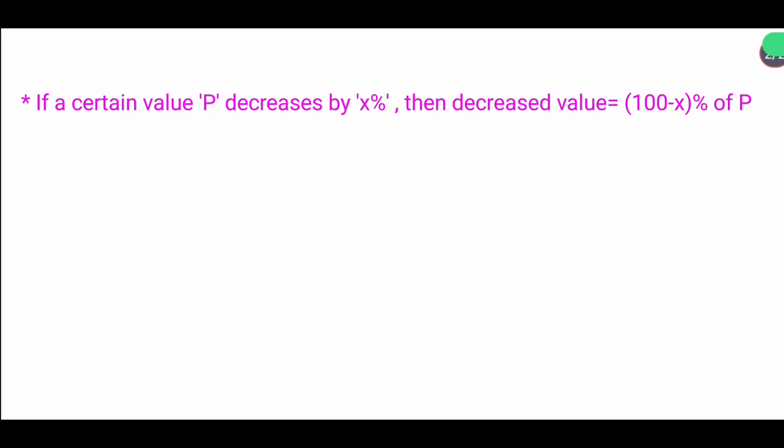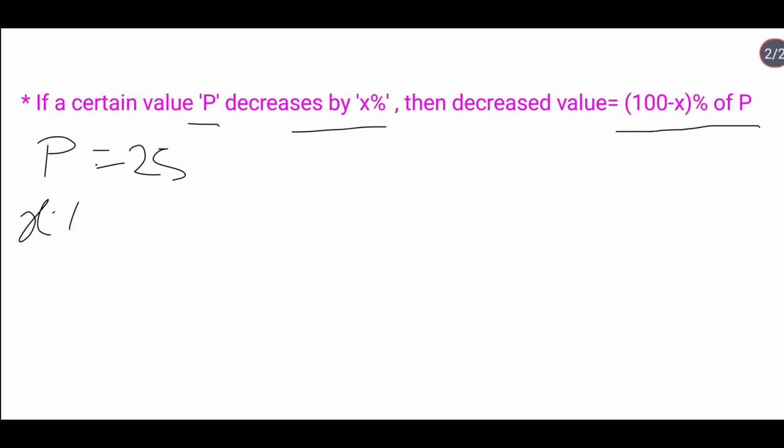Next formula: if a certain value p decreases by x percent, then the decreased value will be 100 minus x percent of p. For example, let's take the value of p as 25 and the value decreased by x percent, that x percent is 20%.